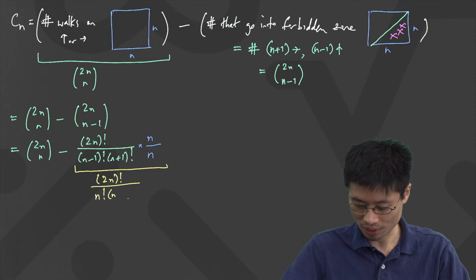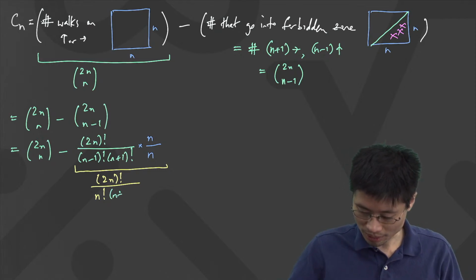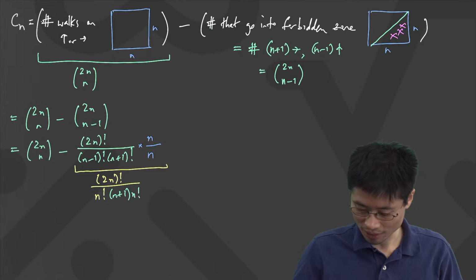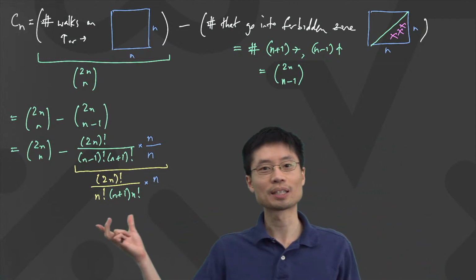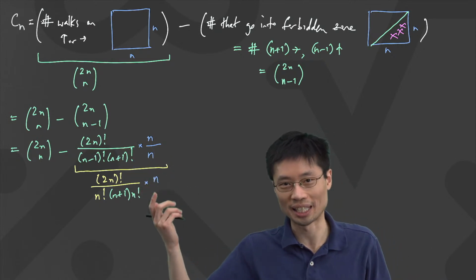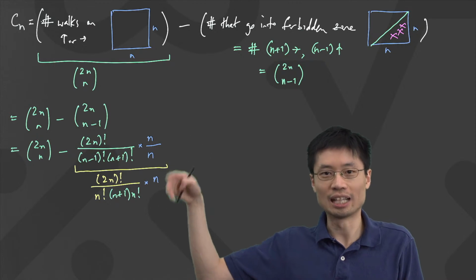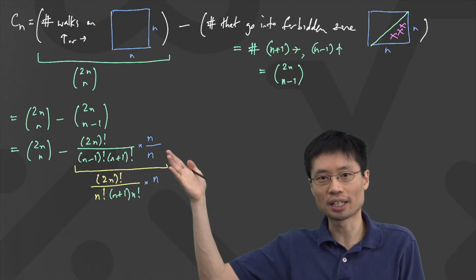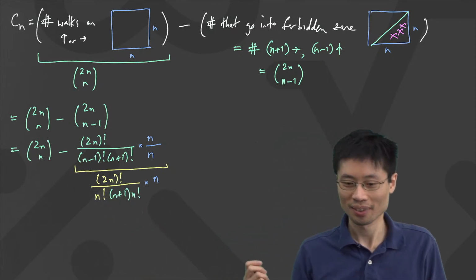Let's use green just to show that's where that came from. n plus 1 times n factorial, and there's still an extra n. Does it make sense what I've done? I just simply said, I don't like this funny form, I want 2n choose n. How do I force it to look like 2n choose n? Multiply by 1. And by multiplying by this particular n over n, I'm able to have an n to throw into my n minus 1 factorial.